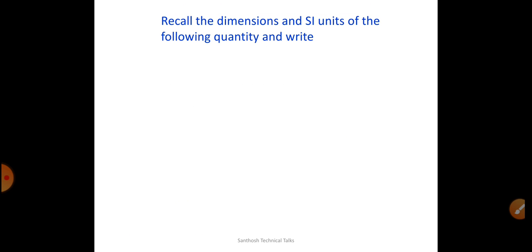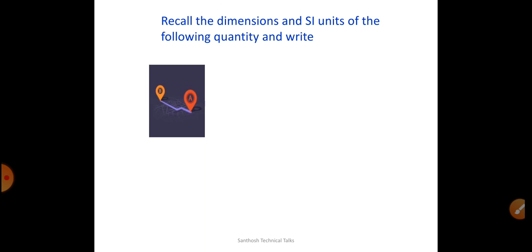quiz. We are going to recall some of the dimensions and the SI units of the quantities which are displayed here. Let us see figure 1. What it means, it is the distance between A and B, or the time taken to travel the distance between A and B. So here we can recall the length.